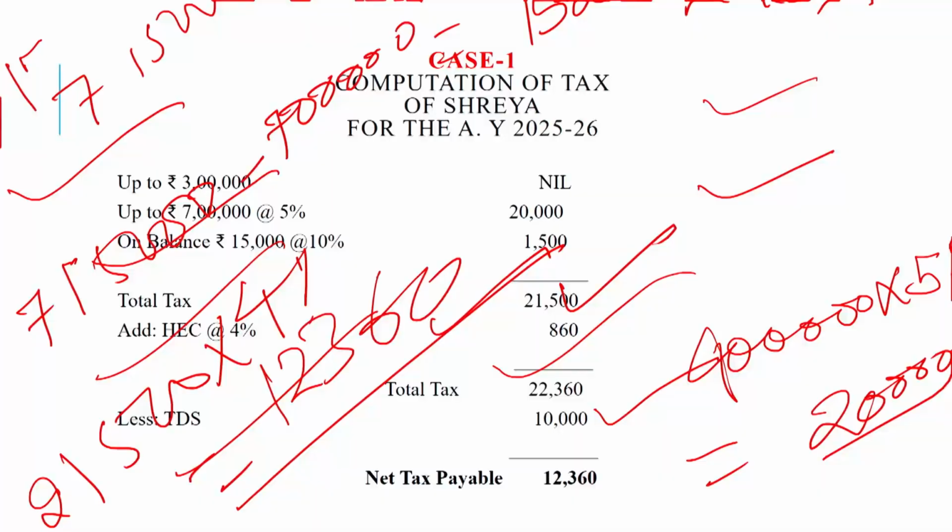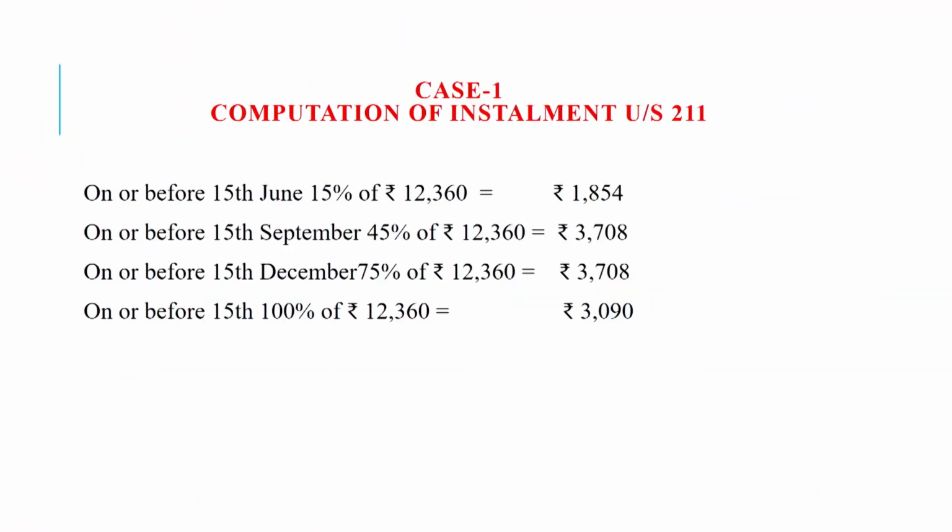After calculating the net tax, it is required to calculate the tax on an installment basis. In this slide, the first installment is on 15 June, 15% of total tax, the second installment is 30% of total tax, and the third installment is again 30%.